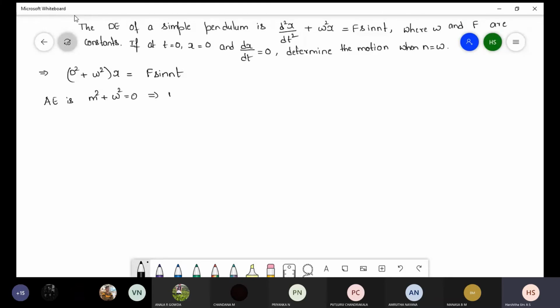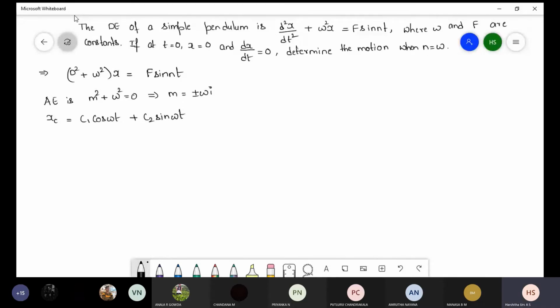So m is equal to plus or minus wi. So we write the complementary function as C1 cos wt + C2 sin wt, because it comes under case 3, a complex pair of roots.